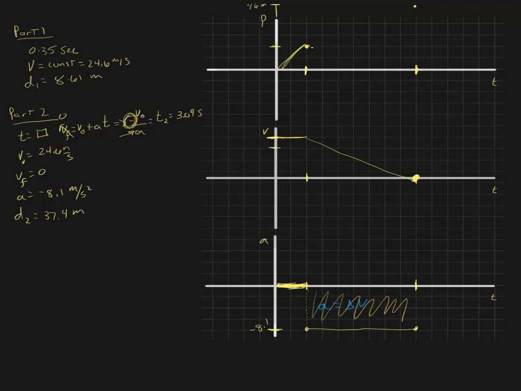So it's a positive velocity, but it's decreasing. So that means we're going to go from a slope which looks something like this to a slope which looks something like that to a slope which looks something like that. It's going to be decreasing with time. Now we know that acceleration on a position time graph is going to plot as a curved line, and it will be parabolic in shape.